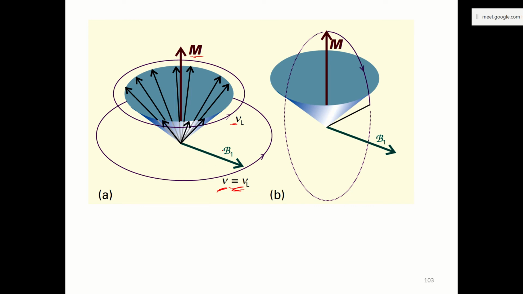First the static magnetic field B naught is applied. This is what we do. The precession of the net magnetization starts now. The vector representing the net magnetization starts moving in this circle that we see here. The arrow starts precessing along this cone.